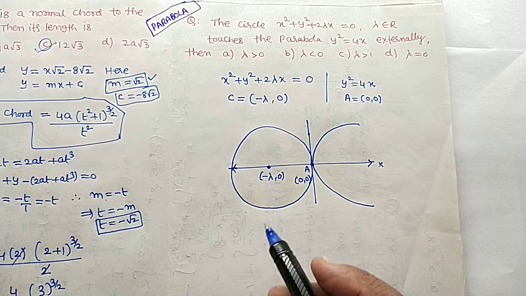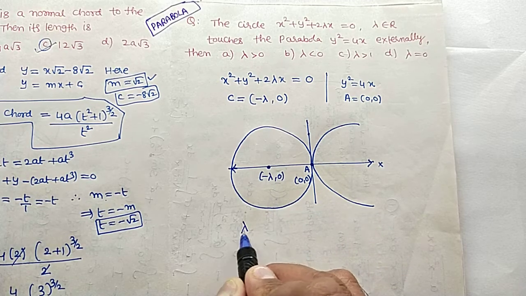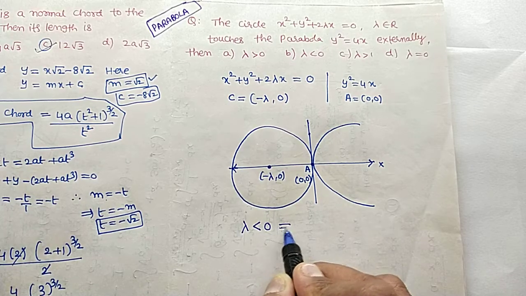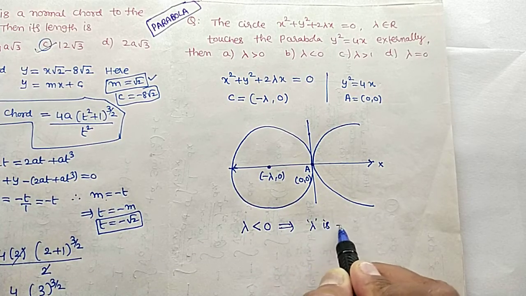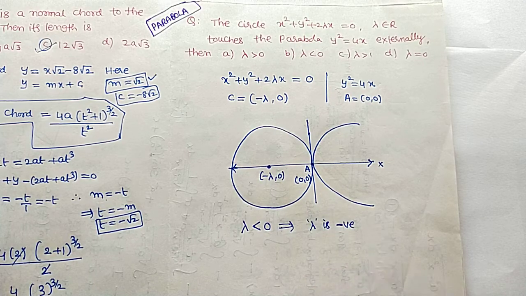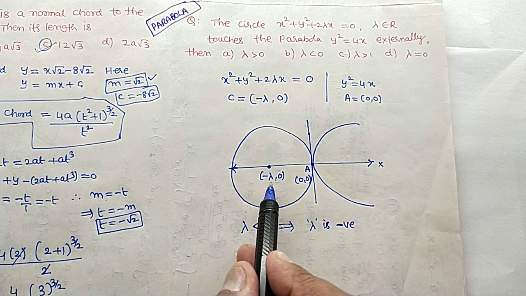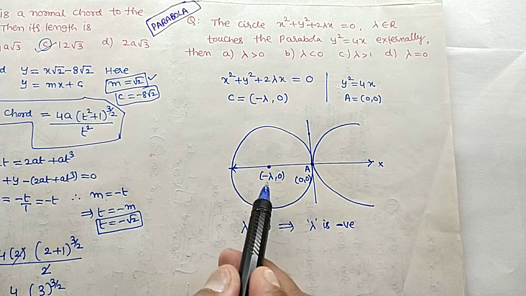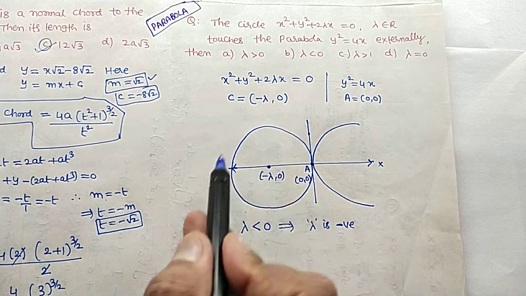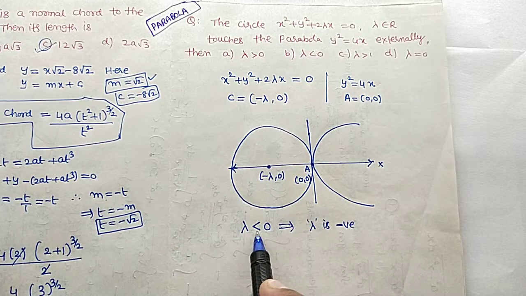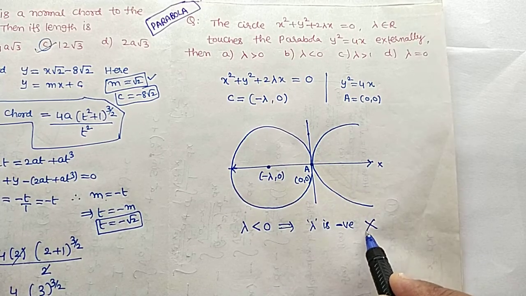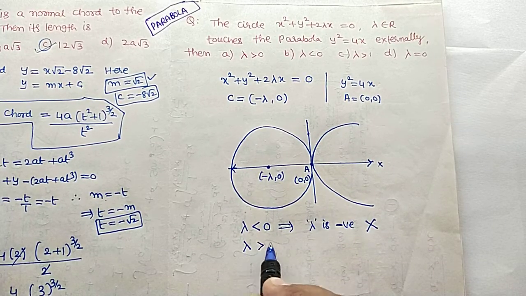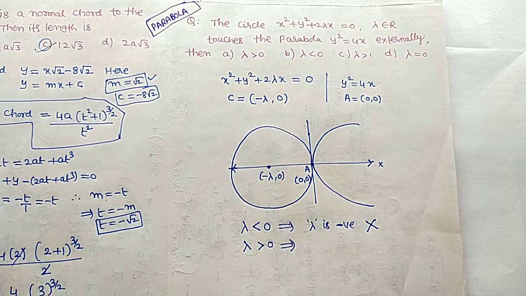That is the question. Suppose you take lambda less than 0, that means lambda is negative. If we consider lambda equal to minus 1, then minus of minus 1 is 1, so the center is 1 comma 0. Is it possible for the center of this circle to lie on the negative x-axis? So lambda less than 0 is not possible. So you can take lambda greater than 0, that means lambda value is positive, like 1, 2, 3.